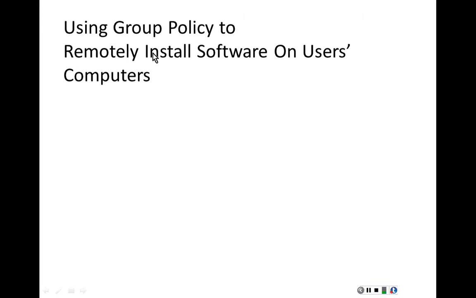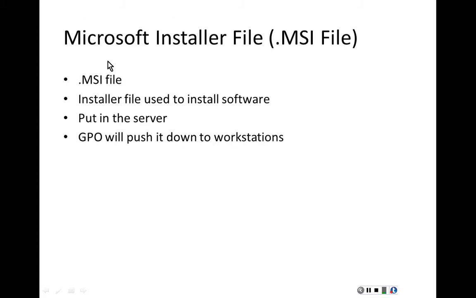We use group policy to remotely install software on users' workstations so you don't have to walk around to each computer and do it. A .msi file, a Microsoft installer file, is an install program used to install software. And if we put it up on the server, we can use group policy to push it down to the workstations.